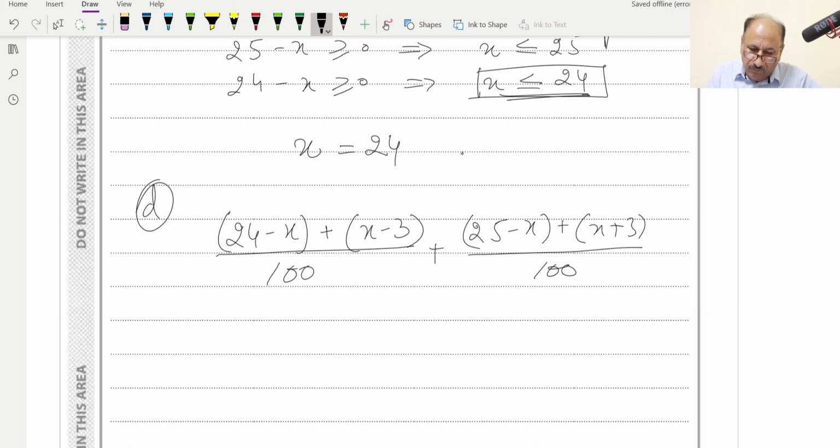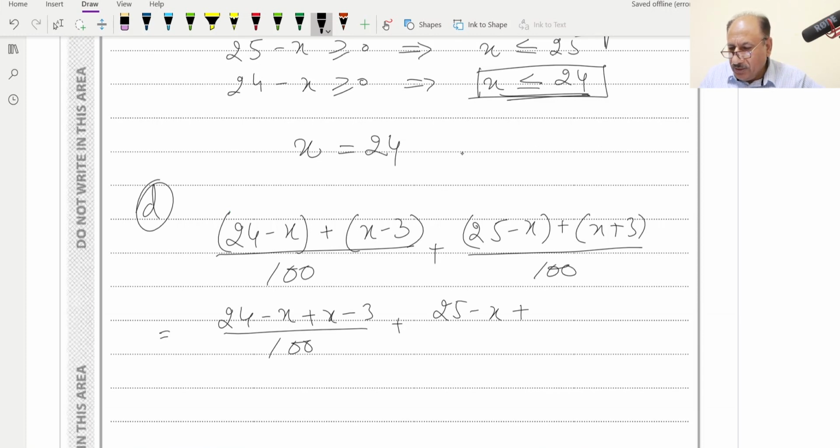Now if we open the bracket, it will be 24 minus x plus x minus 3 over 100, plus 25 minus x plus 3 over 100.